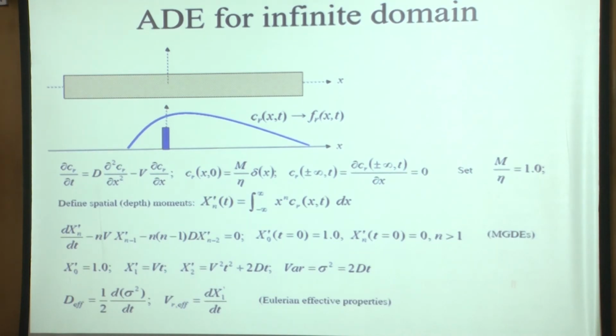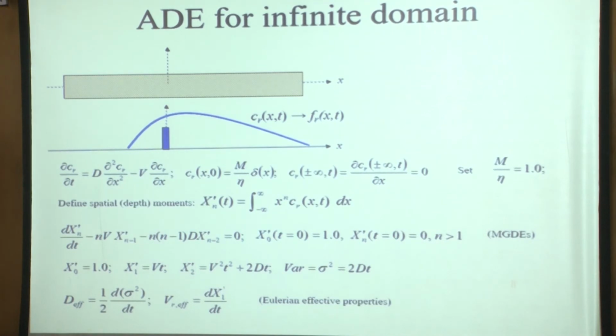So basically, when I do that, the first term over here is c sub r del t. If I multiply it with x to the power of n, this integration is in x. This is a derivative in time. The derivative simply comes inside the integral, and you simply have d x n prime dt. Nothing changes. The spatial derivatives are with respect to x, so you have to worry about that a little bit.